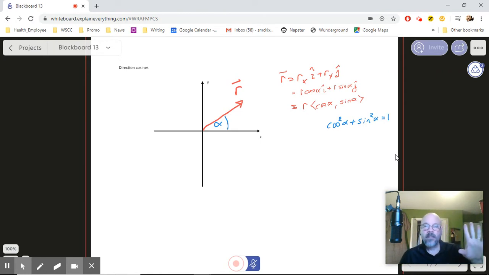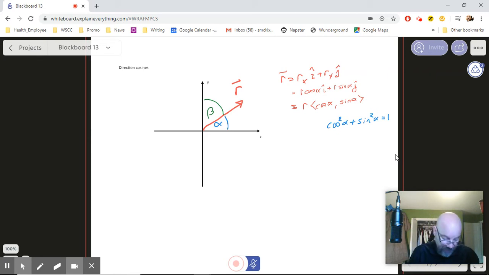But let's suppose, just for grins and giggles, that we come up over here and we call this other angle here beta. And they're complementary. So if alpha is 30, beta is 60. So that's how we're setting this up.